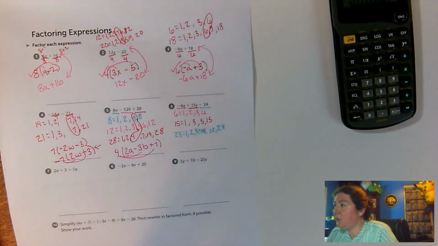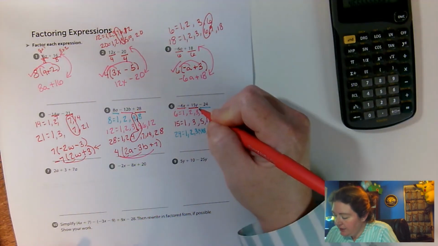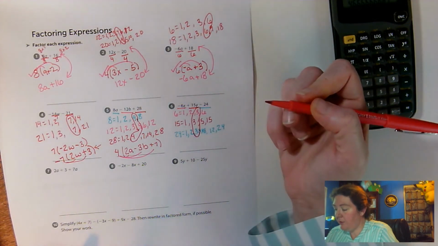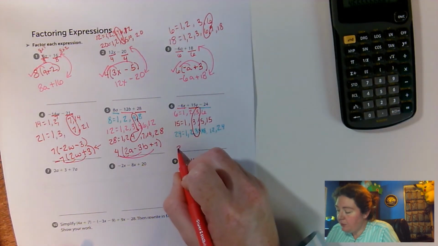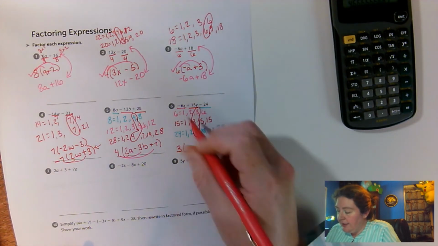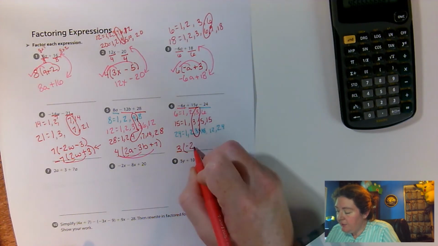Alright, what is the largest number that they all have in common? And I see the largest number they all have in common are 3s. So I'm going to pull a 3 out. Negative 6 divided by 3 leaves me a negative 2x.